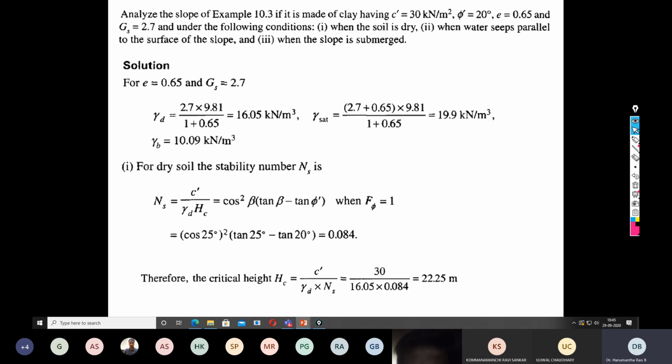Here you are asked to determine the height of the slope under three different conditions.